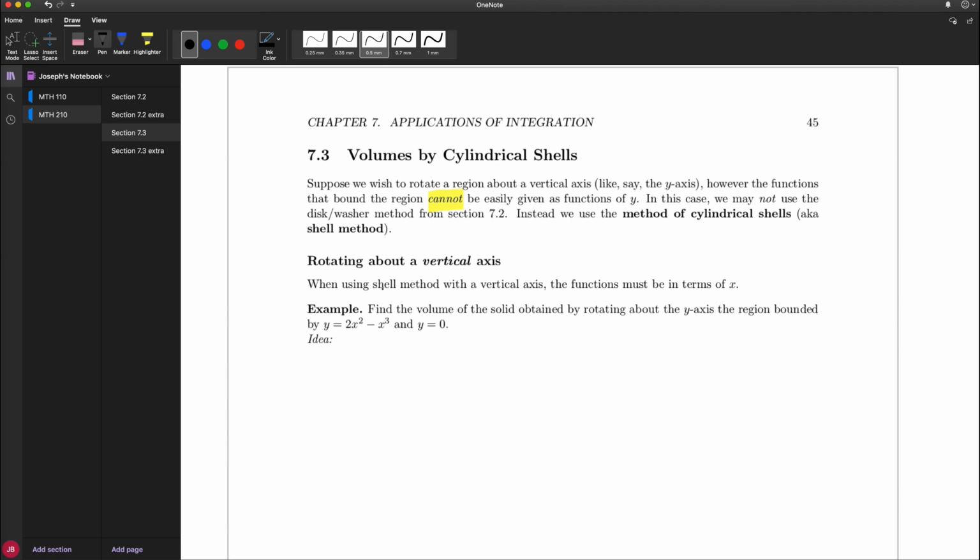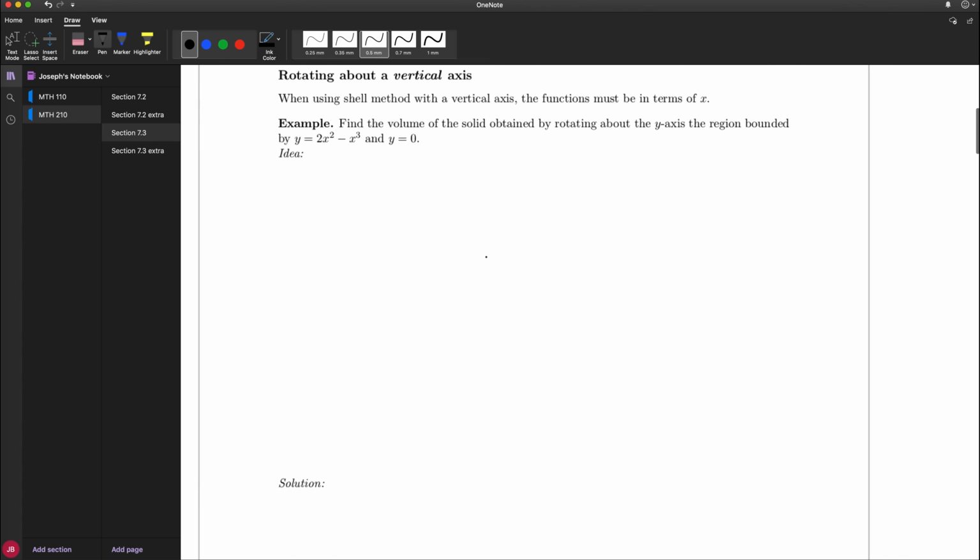Okay, so let's come down here to our first example. And before we actually get to the problem itself, I want to show you an idea of where this idea of cylindrical shells is coming from. So off to the side here, I'm going to draw a cylinder.